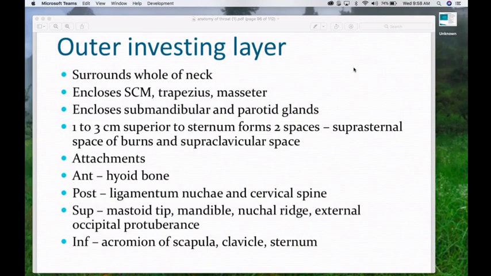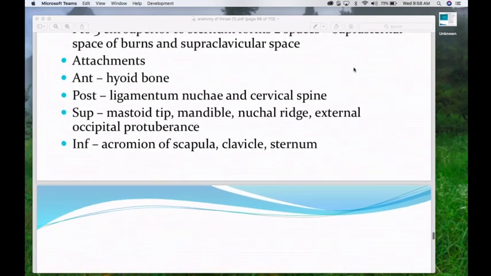In attachment, anteriorly it attaches to the hyoid bone, posteriorly to the ligamentum nuchae and cervical spine. Superiorly mastoid tip, mandible, superior nuchal line, external occipital protuberance, and inferiorly acromion of scapula, clavicle and sternum.